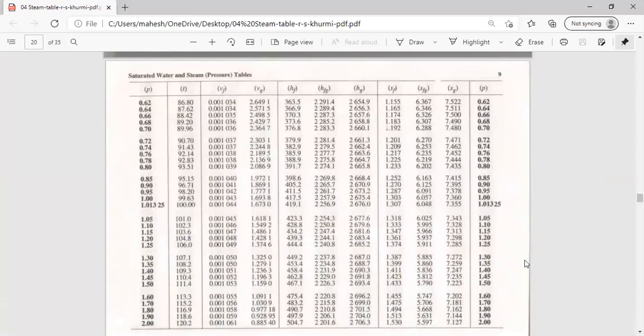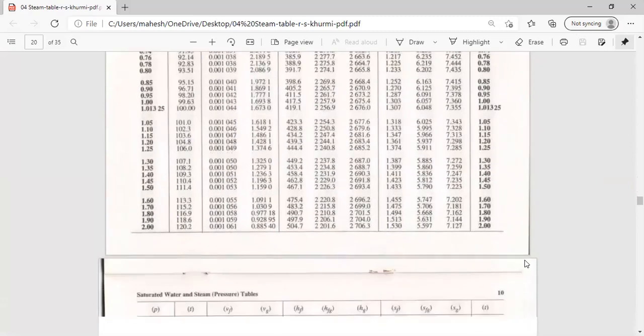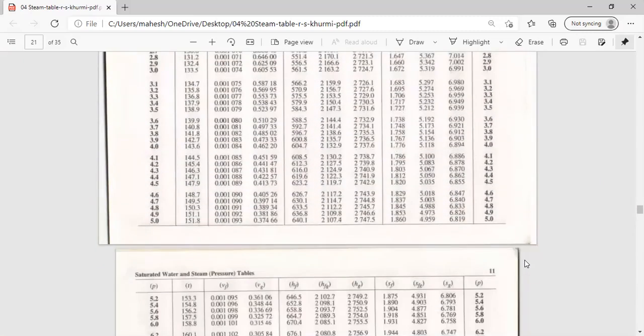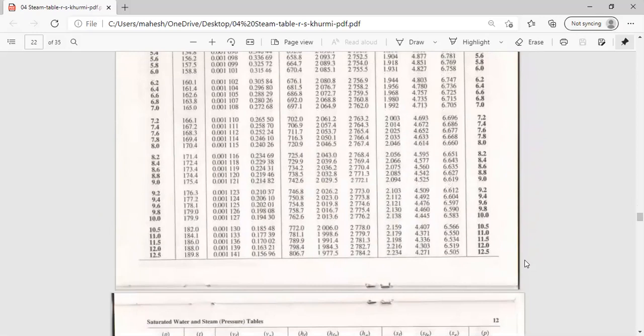It means that the water would boil at 100 degrees centigrade if the pressure is maintained at 1.01325 bar. Similarly, if you are asked to find the boiling point at 10 bar, which is 1 megapascal, let us go to 10 bar. You see that at 10 bar, the boiling point is 179.9 degrees centigrade.